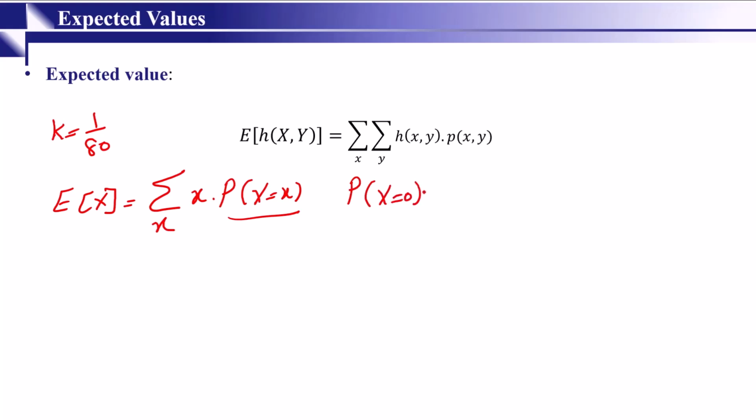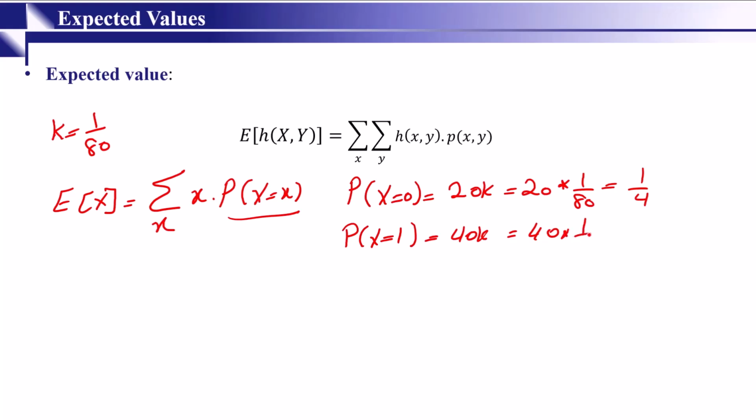The probability of X equal to 0 is, based on our table, 20k, which is 20 multiplied by 1 by 80, which is 1 by 4. In the same way, the probability of X equal to 1 is 40k, and here 40 multiplied by 1 by 80 is equal to 1 by 2. And the probability of X equal to 2 is 20k, which is 20 multiplied by 1 by 80, equal to 1 by 4.